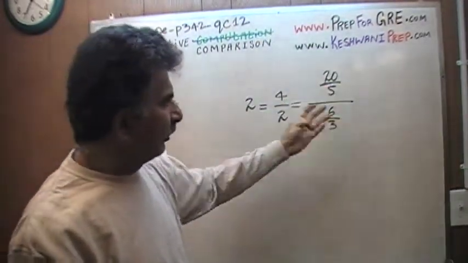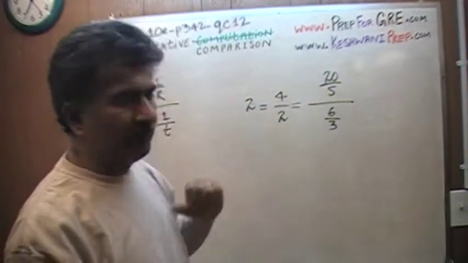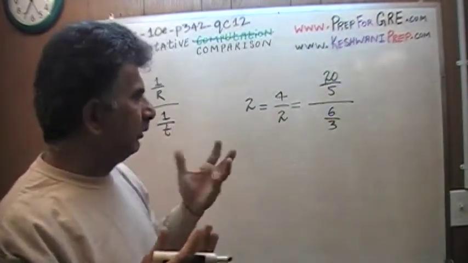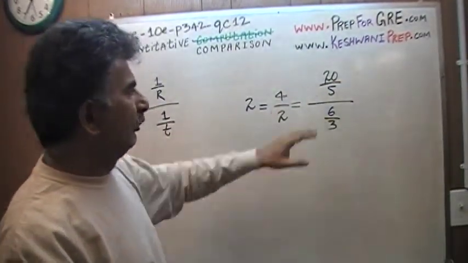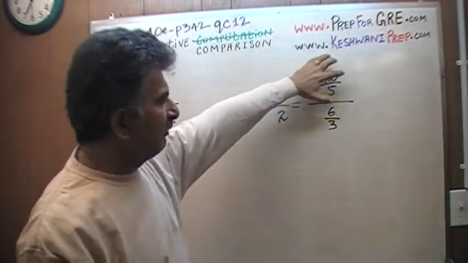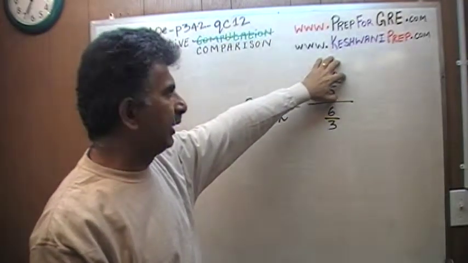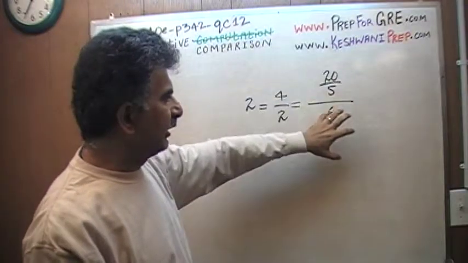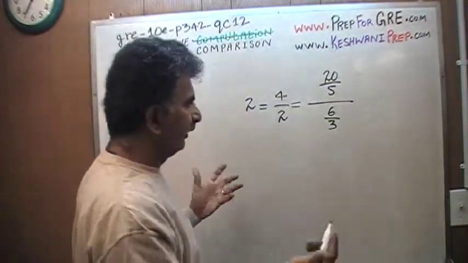Question is, how do we actually solve this if instead of numbers we had variables here? What's the procedure for it? Assuming that we could not figure out what 20 divided by 5 is, what do we do? Here's what we do.